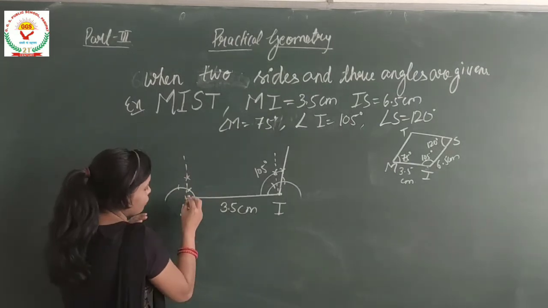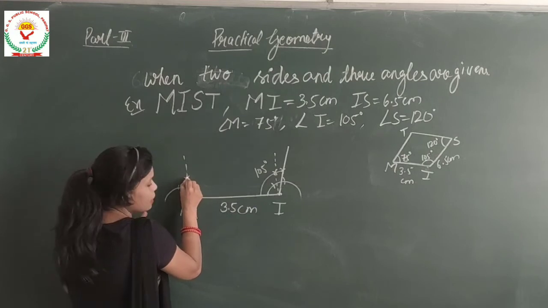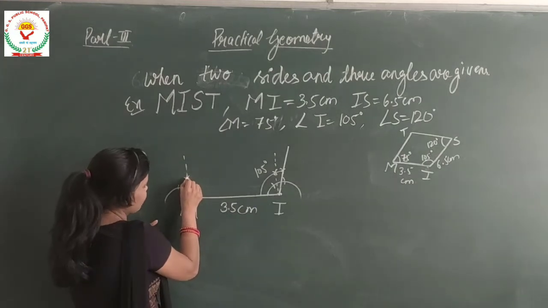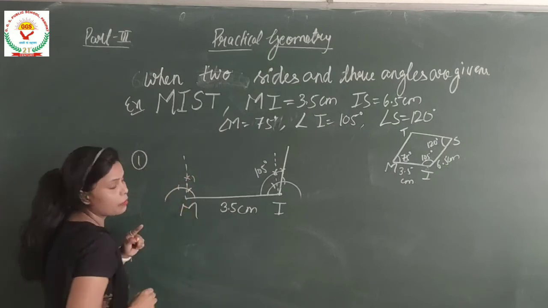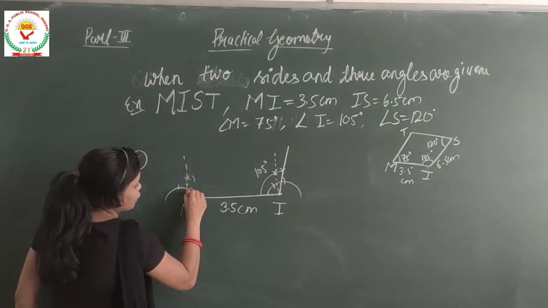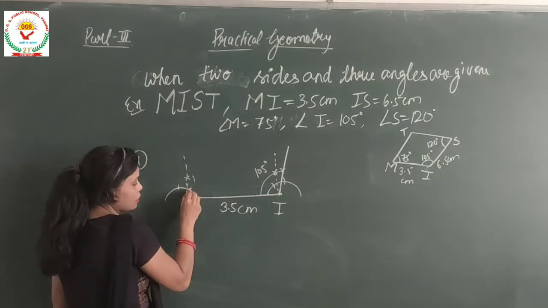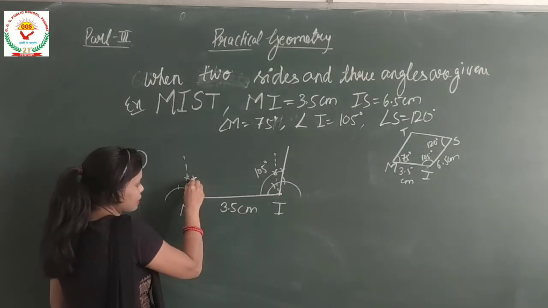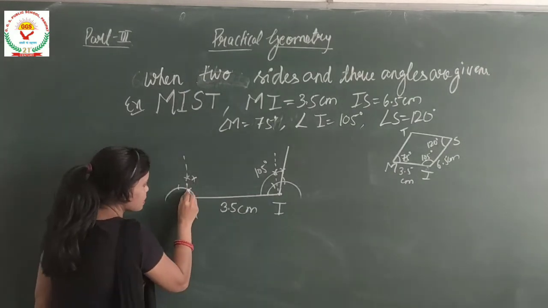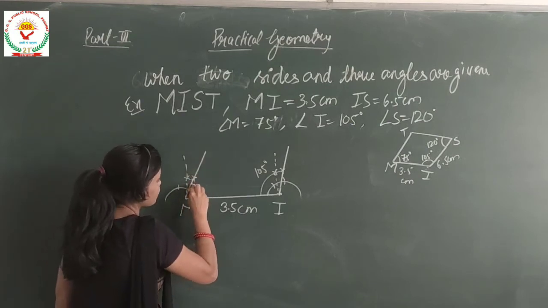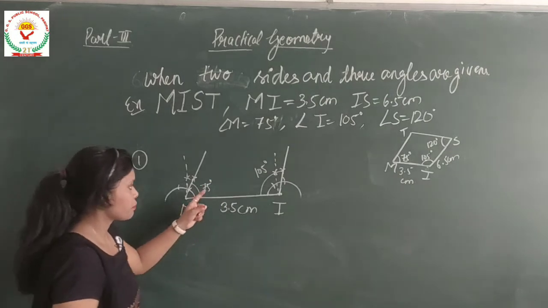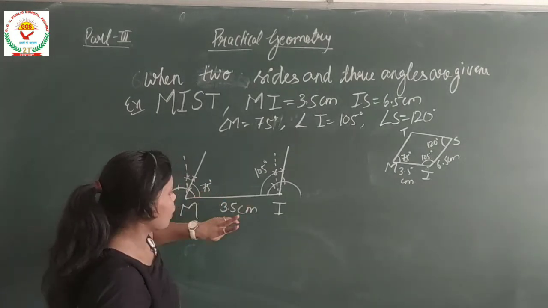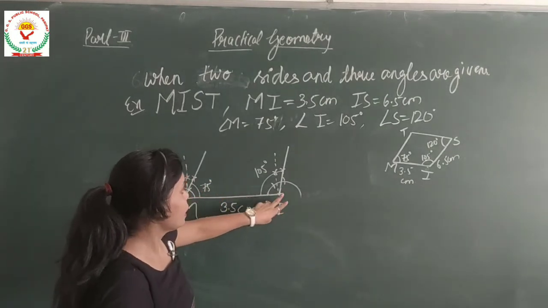For 75, keeping the needle at 90 degrees where these arcs intersect, you will again mark an arc, and keeping the needle at the 60 degrees, you will intersect the arc. This will be your 75 degrees.